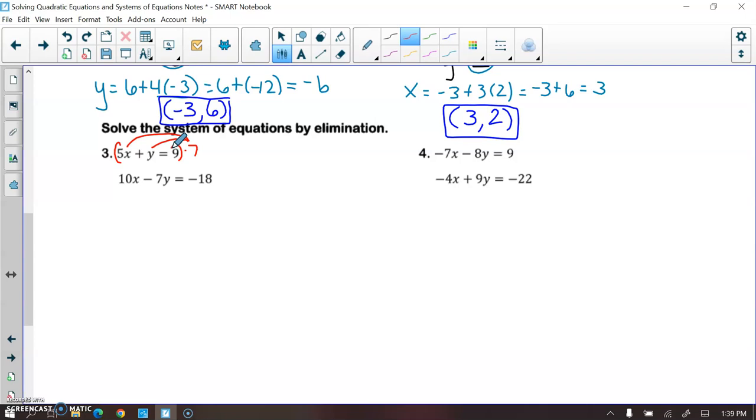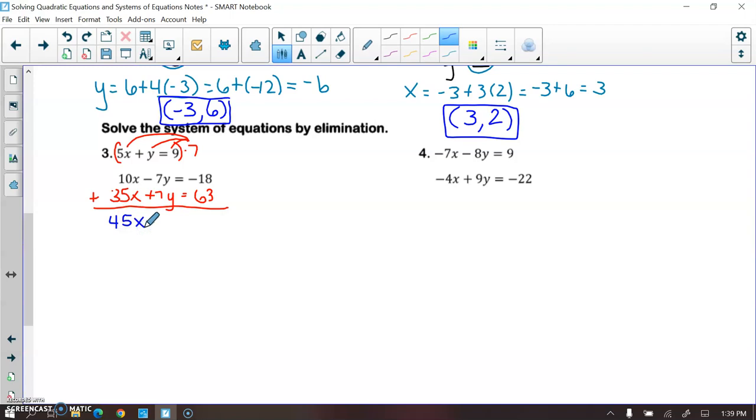Multiplying everything by 7 in that top equation, 5x times 7 is 35x, plus y times 7 becomes plus 7y, and 9 times 7 becomes 63. Now I can add these two equations together. 10x plus 35x is 45x.